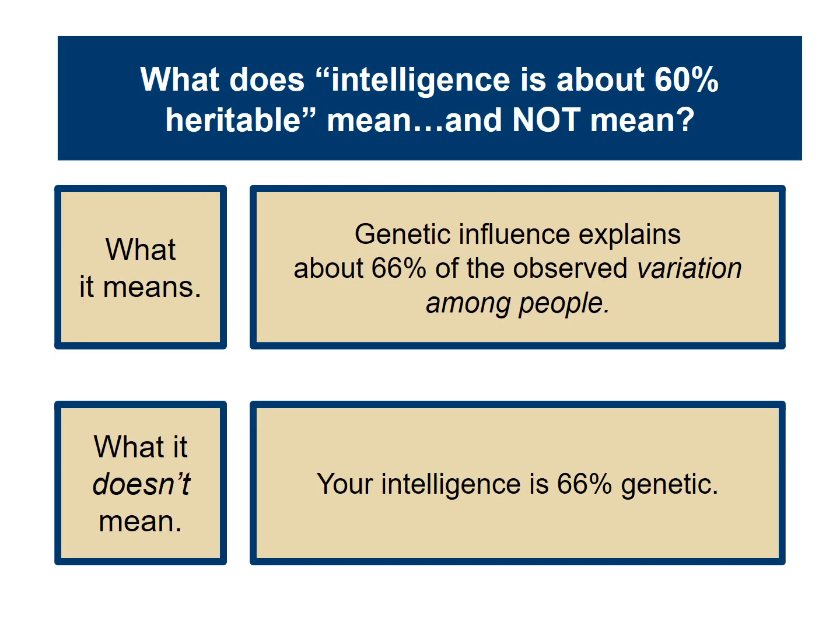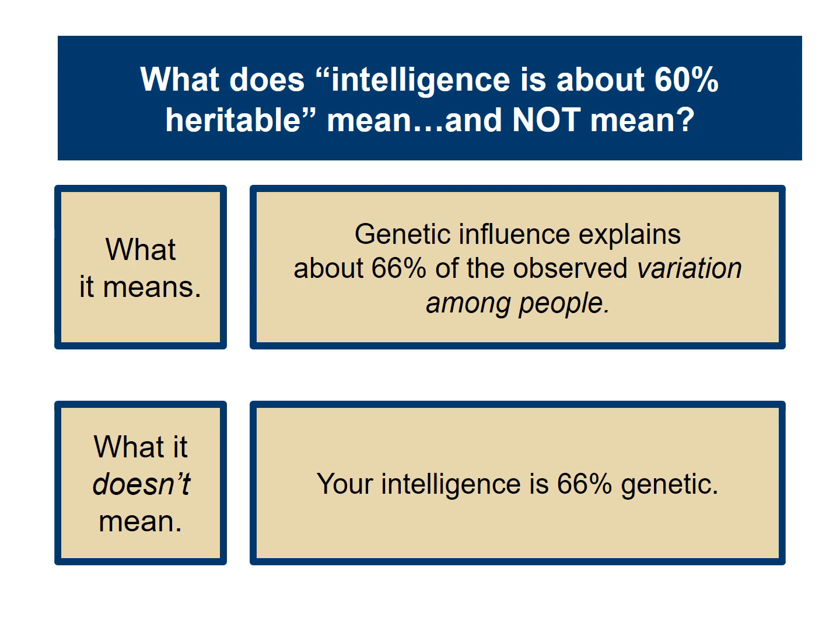So what does "intelligence is about 60% heritable" mean and not mean? What it does mean is genetic influence explains about 66% of the observed variation among people. It doesn't mean that your intelligence is 66% genetic. Okay, so that is something very important to understand.